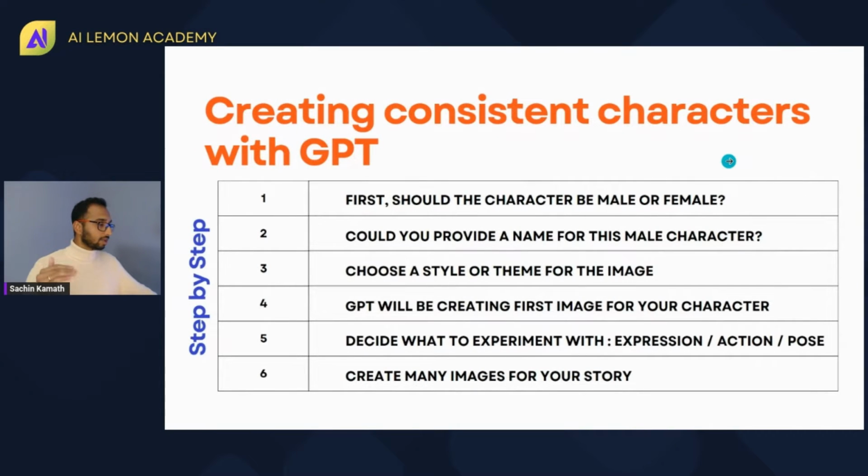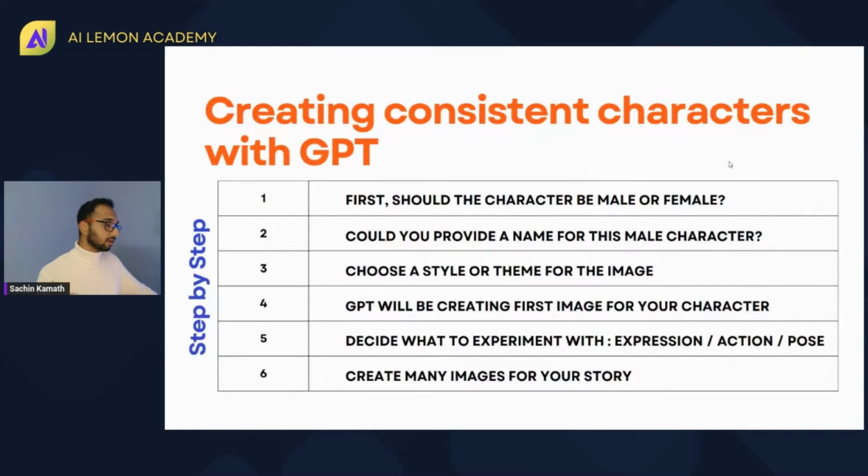All right, so what are the steps involved in creating consistent characters? First, you're going to define, is the character male or female? Then you are going to provide a hypothetical name for the character. Then you are going to pick a style, which we just showcased, right? So pick one of these 4 styles, and we'll take a look at it.